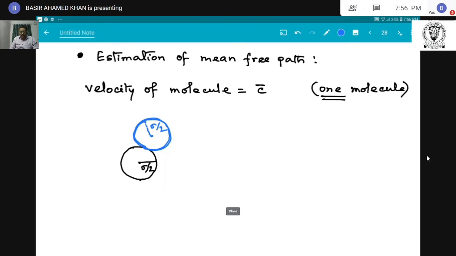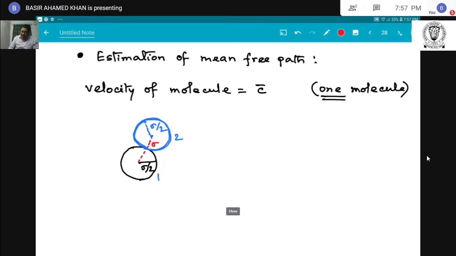This is the first molecule, this is the second molecule. When the second molecule collides with the first molecule, under this particular condition, the center to center distance of these two molecules will be sigma.